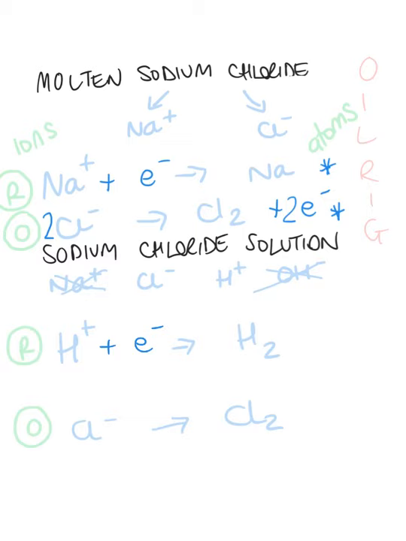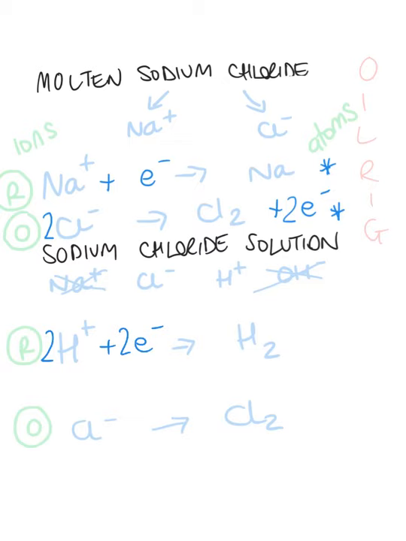Now, in terms of how many we need, look at the H2 on the right-hand side. There are 2 of them. We must put a big 2 here. If we've got 2 H plus, we must have 2 electrons to balance that out. And that's your completed half equation for hydrogen.